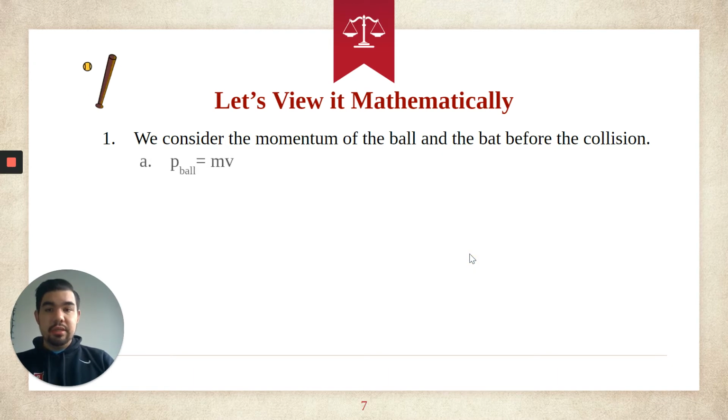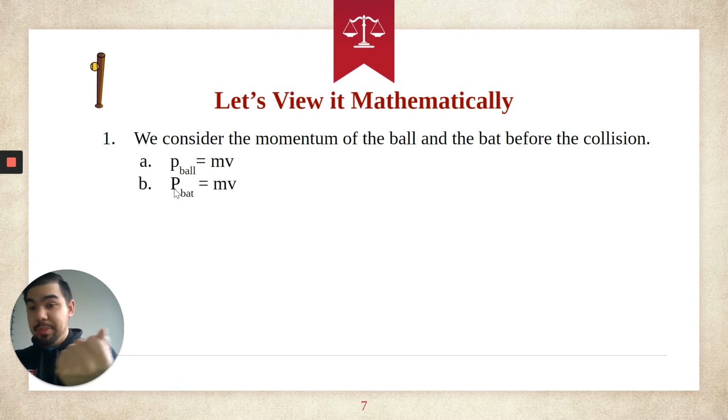So let's establish that. We can find the momentum of the ball by finding its mass multiplied by its velocity. Probably going to have a low mass, high velocity. We can also find the momentum of the bat while it's being swung. It has the mass of the bat, probably more than the ball, as well as the velocity while it's being swung.